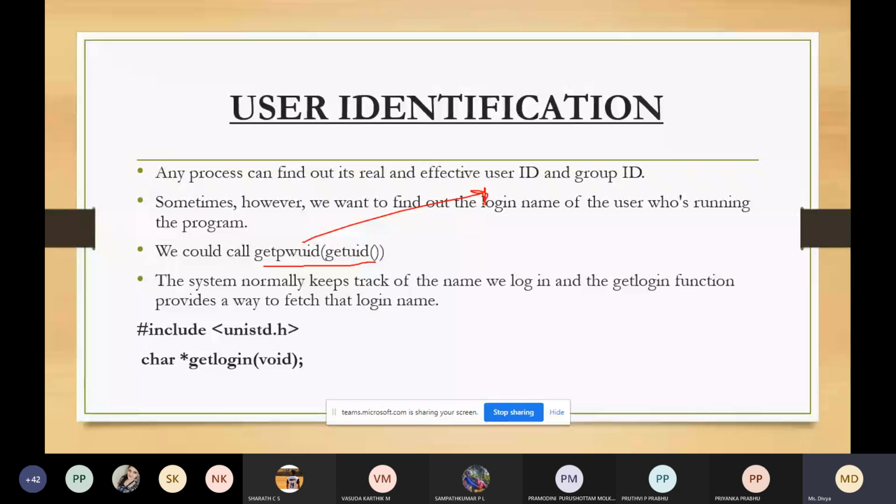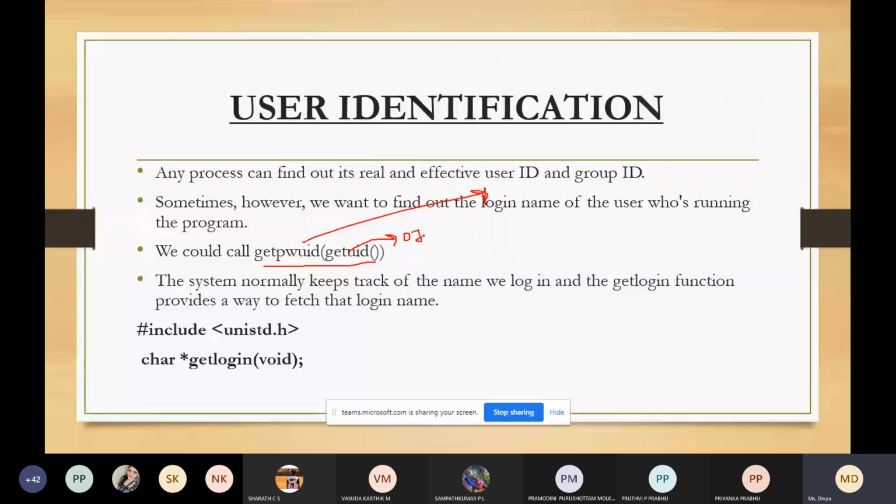But the problem is, what if a single user has multiple login names, each with the same user ID? Here we have two functions. One is getuid, which will get the user ID, let us assume something like 0701.